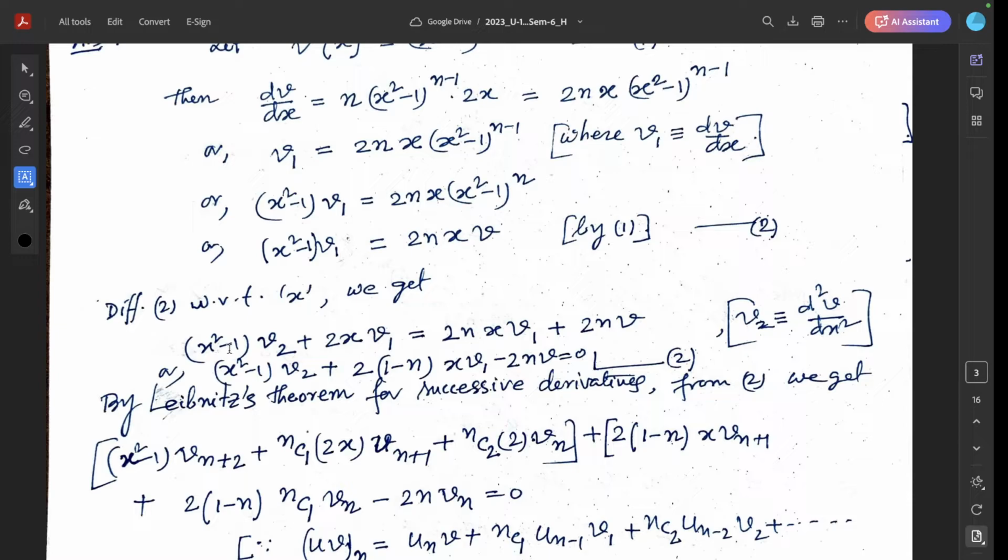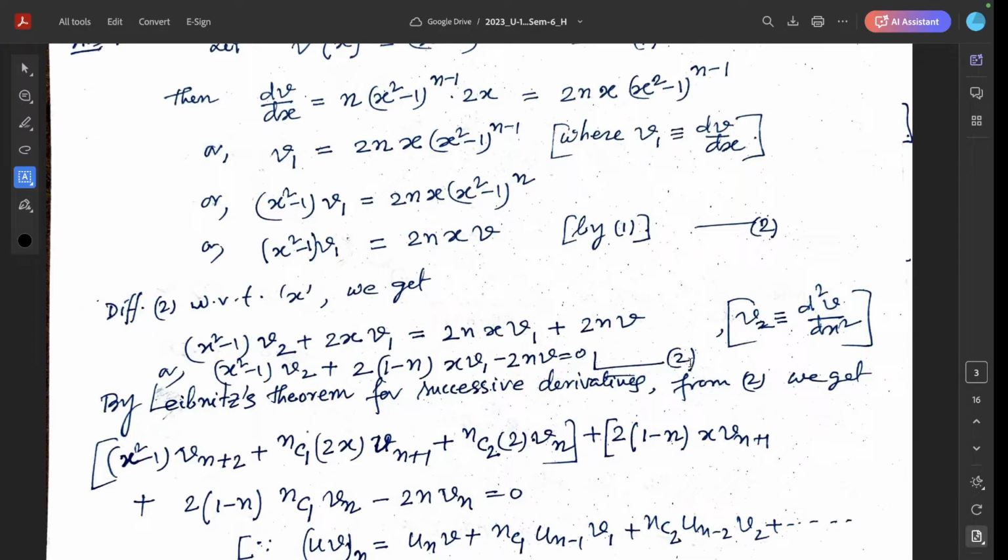This (x squared minus 1) v2, where v2 means d2v/dx squared, plus twice x v1 is equal to twice n x v1 plus twice n v, or (x squared minus 1) v2 plus 2 into (1 minus n) x v1 minus twice n v equal to 0.